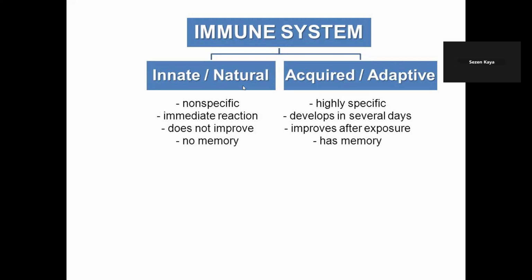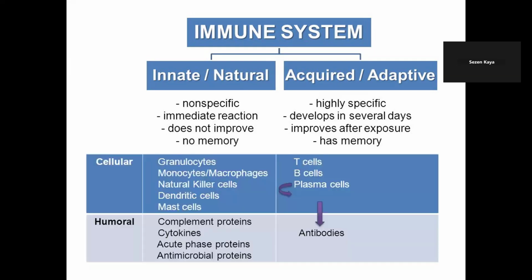Innate or natural means that each of us has the same mechanism of the innate system. But the acquired or adaptive system is highly specific and develops over several days, not so fast, and can be improved after exposure and has memory.